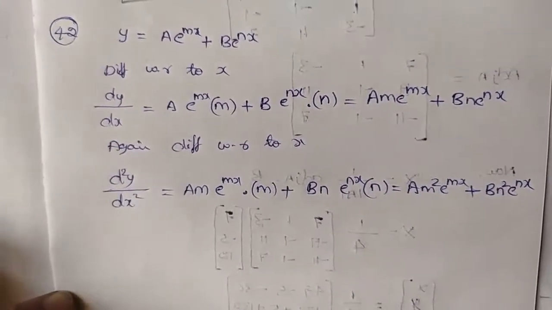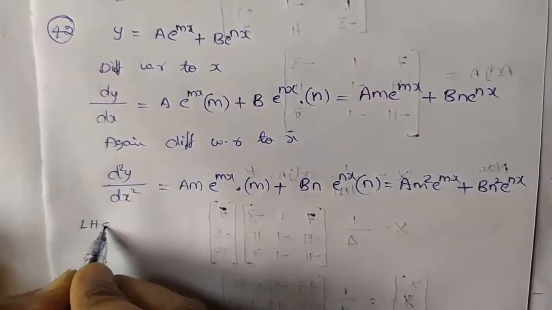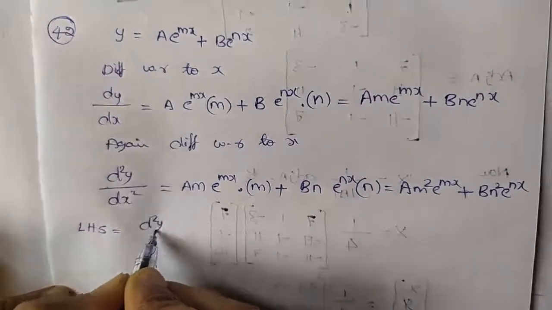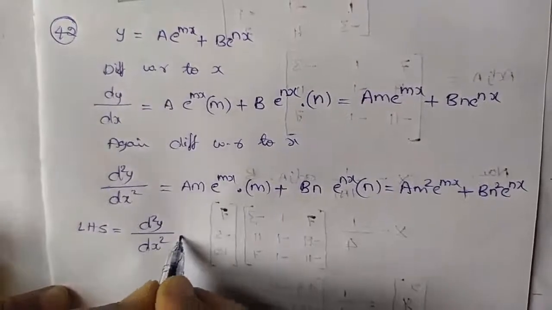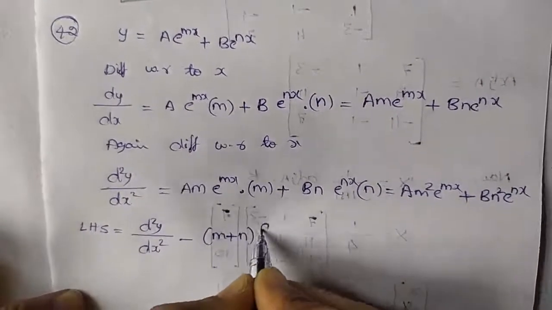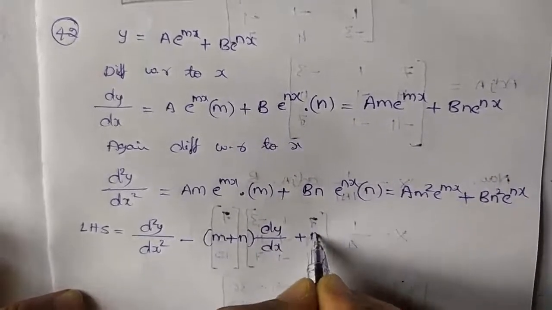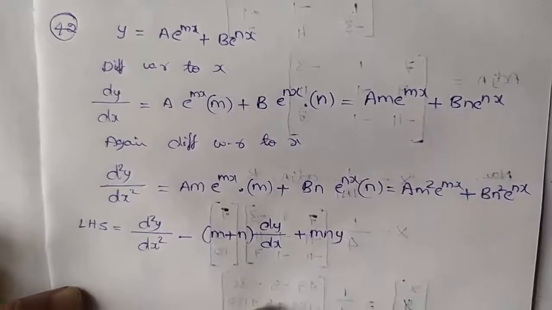What we have to prove? LHS of the equation equals d square y by dx square minus (m plus n) into dy by dx plus mn y.